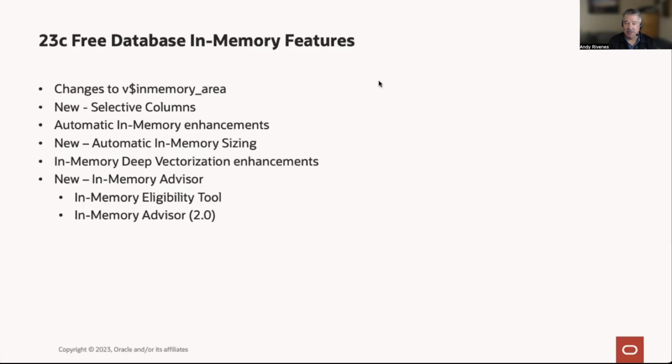There was a question: are in-memory features available in Oracle Standard Edition? No, they're not. Just like the base level feature we talked about, Database In-Memory is part of Enterprise Edition, so for on-premises you have to have Enterprise Edition. It's available in the cloud on the Extreme Performance version of Database on OCI.